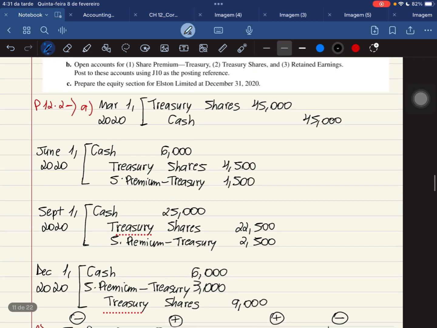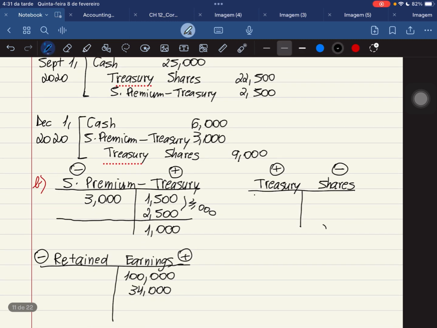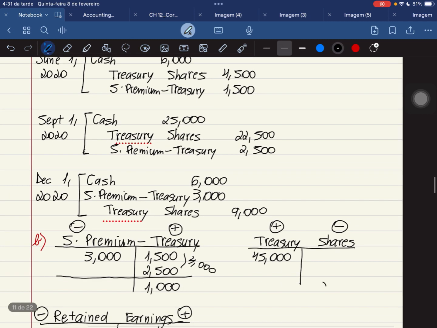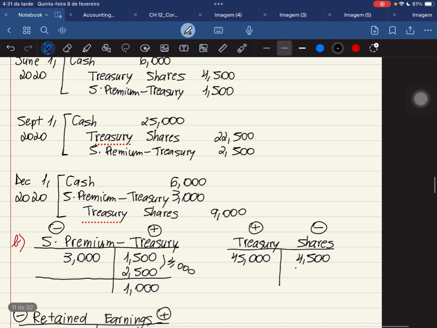For the treasury shares, when you bought them, you have to increase them by 45,000. What else? Credit of 4,500. Another credit of 22,500.